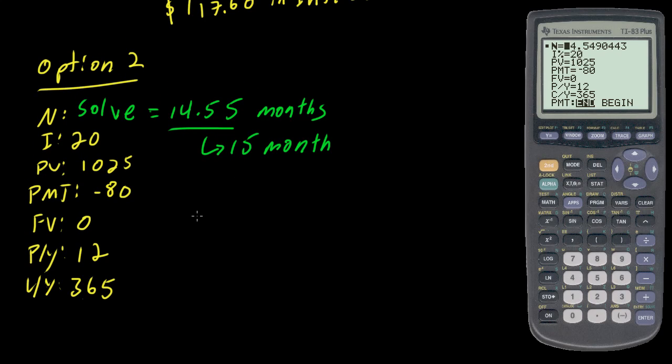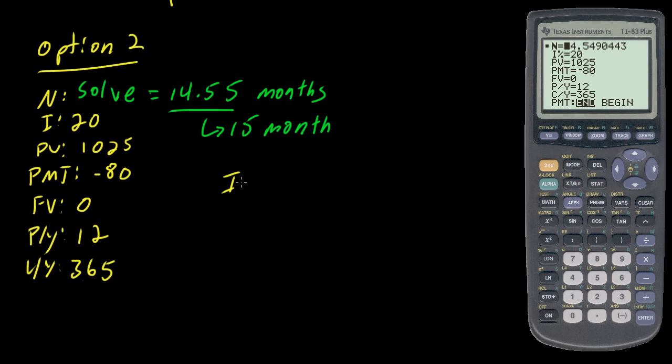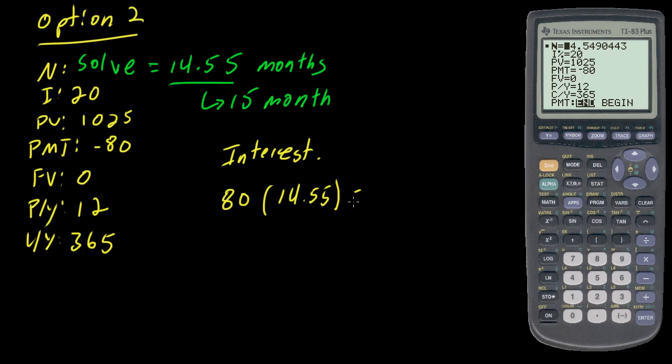So let's go ahead and get our interest. We've got $80, and we're going to multiply that by 14.55. We're going to use the non-rounded version here because, again, that last month of payment isn't going to be a full $80 that he's going to owe. However, he is only paying monthly, so that's why we rounded up our answer of how long it's going to take for him to pay it off.